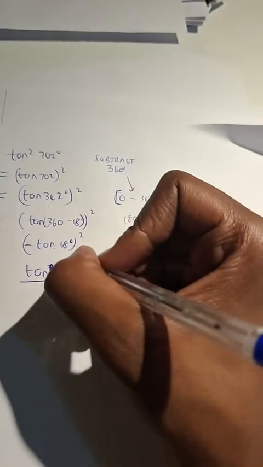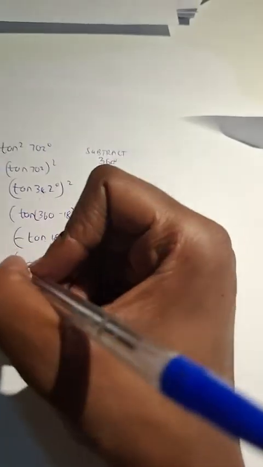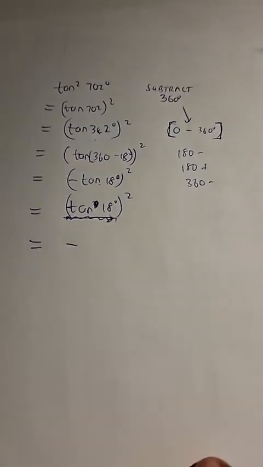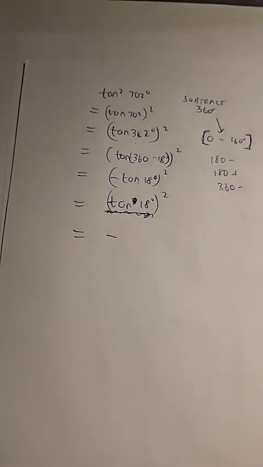Just before I apply the square, let's say the negative was still there. Then I can evaluate using my diagram. Remember, I had a diagram that I had drawn, and it was an important diagram because it had my ratios in terms of a.